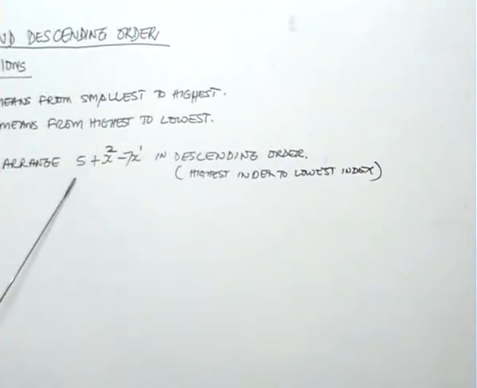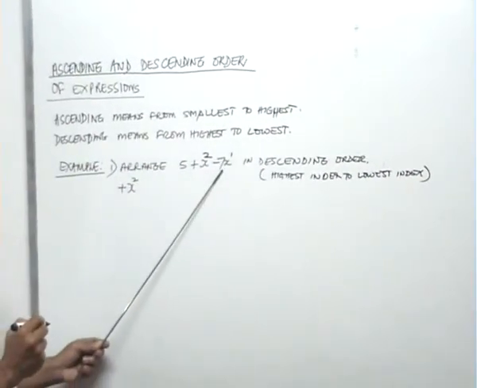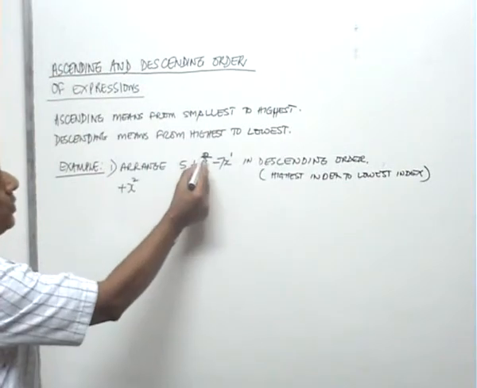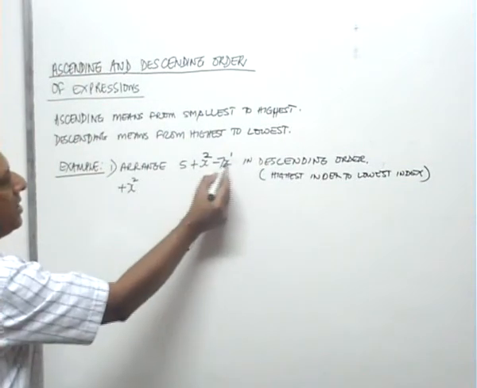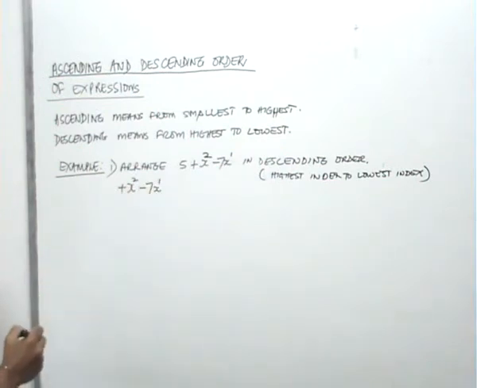So when we study this expression, the highest index is x squared. So you write plus x squared first. Then you must write the term with the next index in order. So 2 is here, so the next index is x to the 1, minus 7x to the 1.